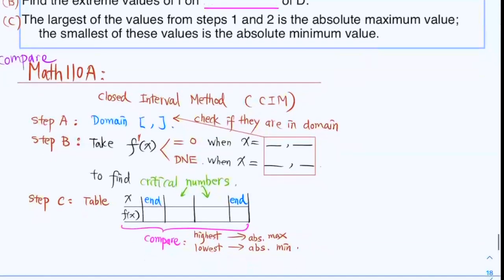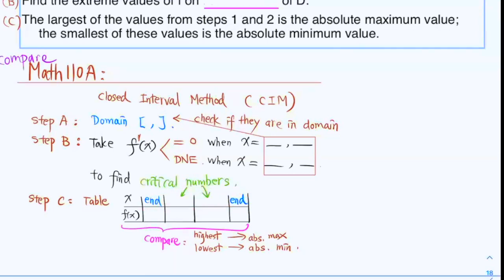If they are inside the closed interval, you can make a table. Put all those critical numbers here, and you also put the endpoints, this end on this side and this end on this side. So put the two endpoints over there, because an extreme value can happen at the endpoints or at those critical numbers. Those are the only possible places for an extreme value.